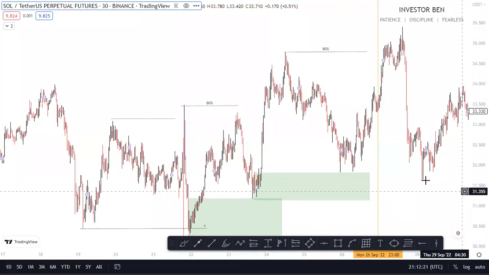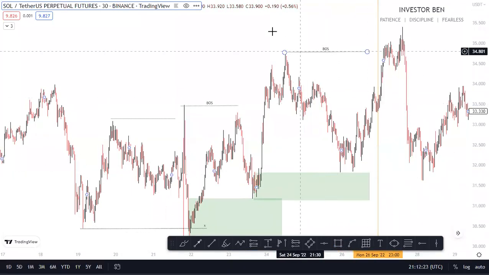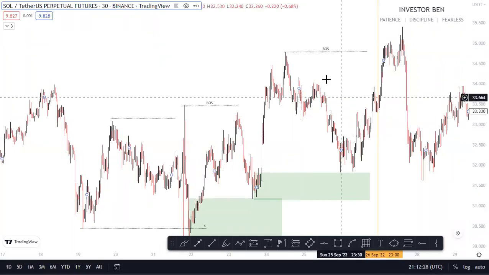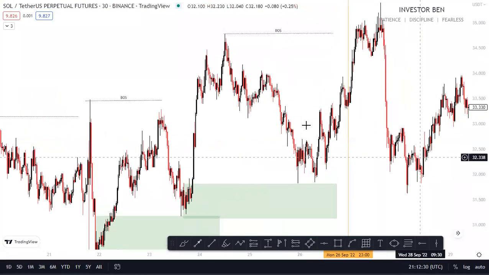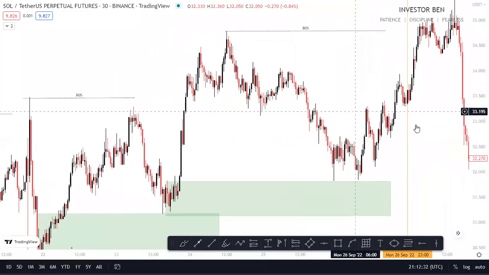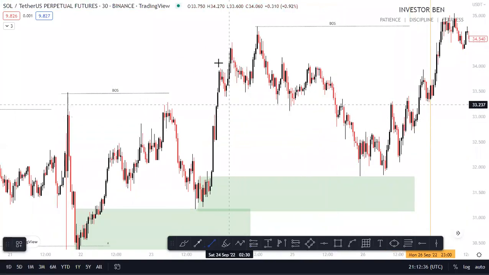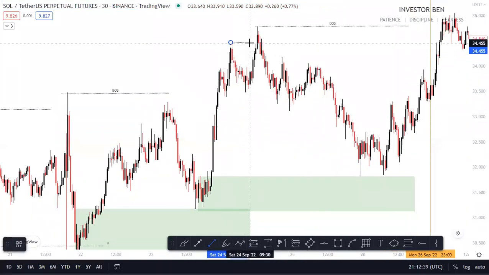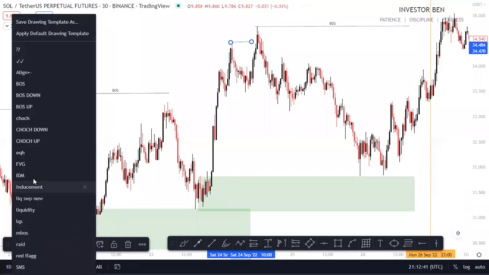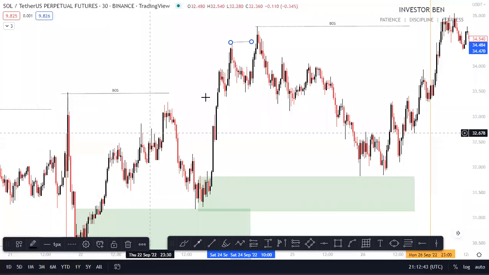But even before price got there, we actually had a sell, right? There was a sell that happened at this point. We had a change of character here, a change of character to the upside.